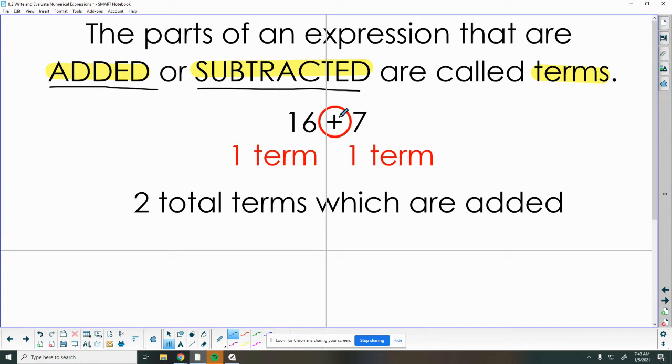It's a numerical expression, only numbers and operations, and I can see that it was added. So on either side of the add sign, here's one term, here's another term. So these are called terms. We have 2 total terms, and they are added together. These terms are going to help us look for parts of the problem that we need to work with.